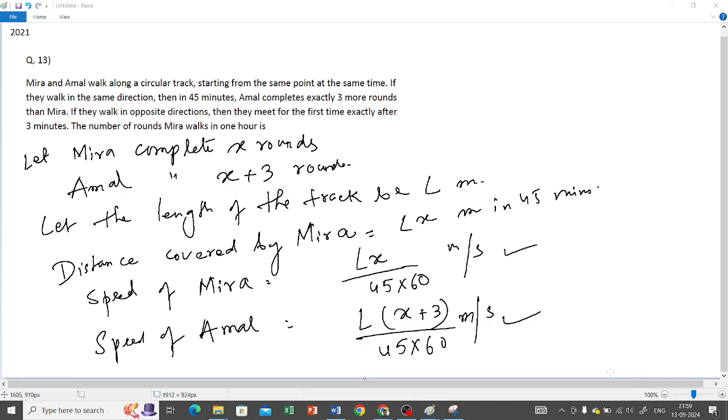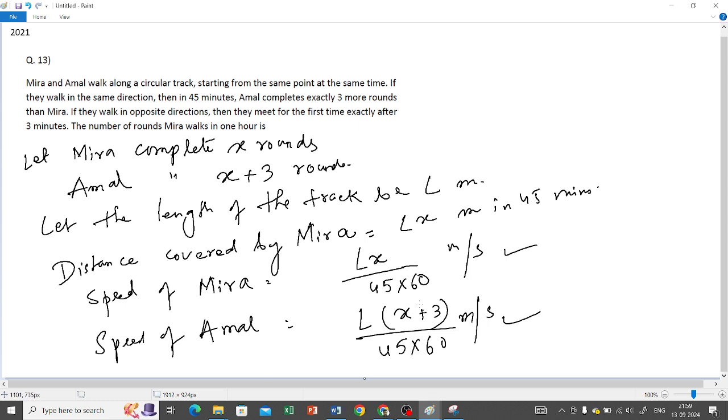Go through the lesson of the first class that we did, the previous class. When two people are moving in a circular track, the time after which they meet for the first time is L divided by A plus B.